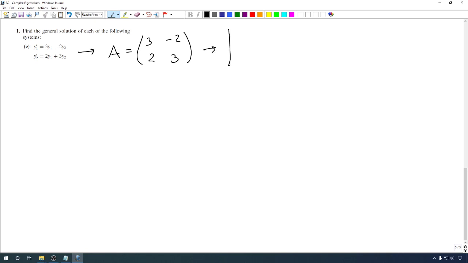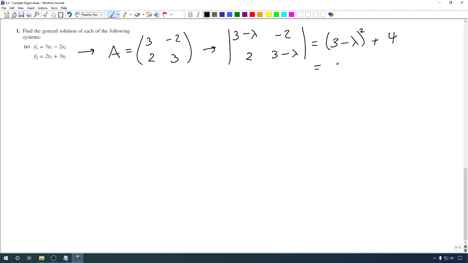We're going to subtract lambda from each of our diagonal elements. When we take this determinant, we end up taking 3 minus lambda times itself, and then we subtract -2 times 2, so we add 4.